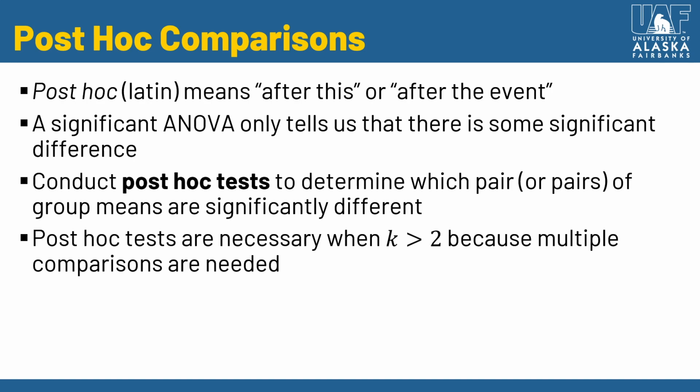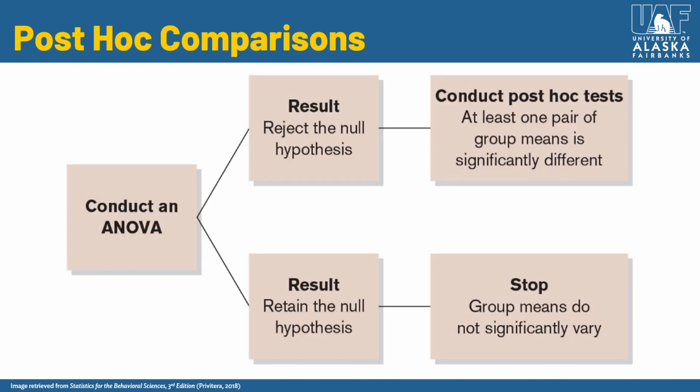In other words, these are necessary when k is greater than 2 because we need multiple comparisons. And so here's a flow chart if you'd like some help. Basically, if we have a non-significant ANOVA and we retain the null, we can stop because there's no significant difference to identify. If we have a significant ANOVA and reject the null, then we need to conduct post hoc tests.